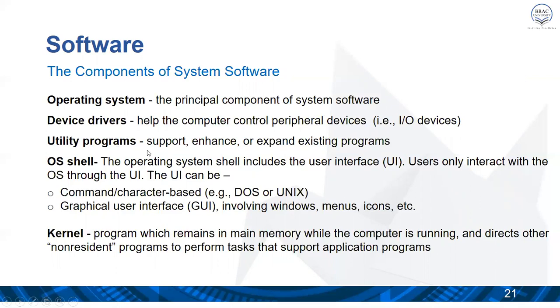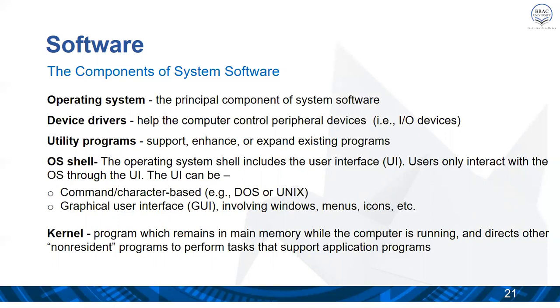Utility programs, these support, enhance, or expand existing programs. OS shell. Actually, the operating system shell includes the user interface. Users can only interact with the OS by using the UI, or user interface.